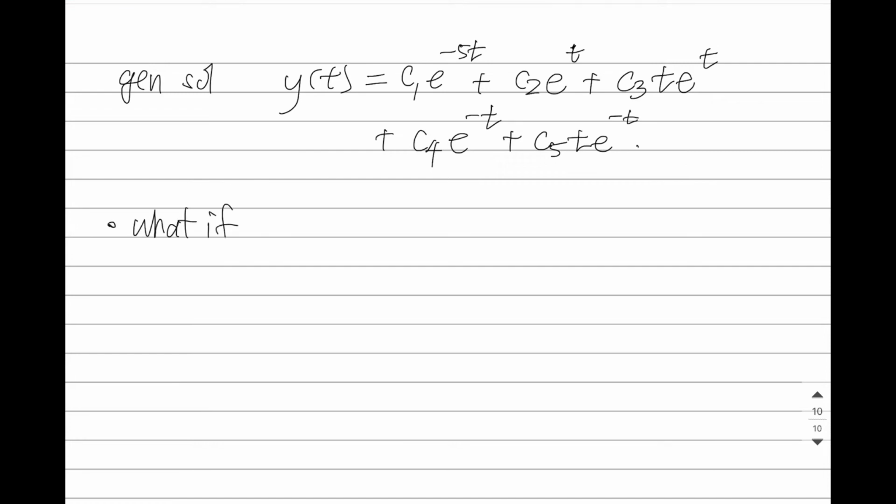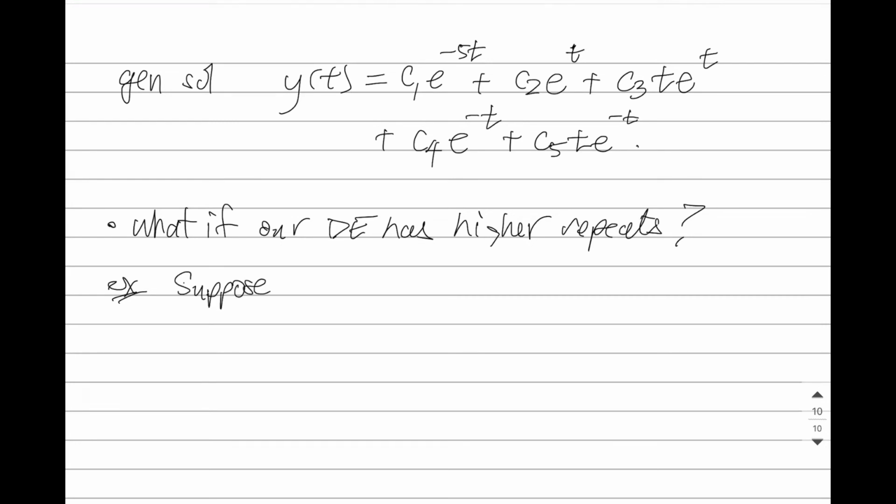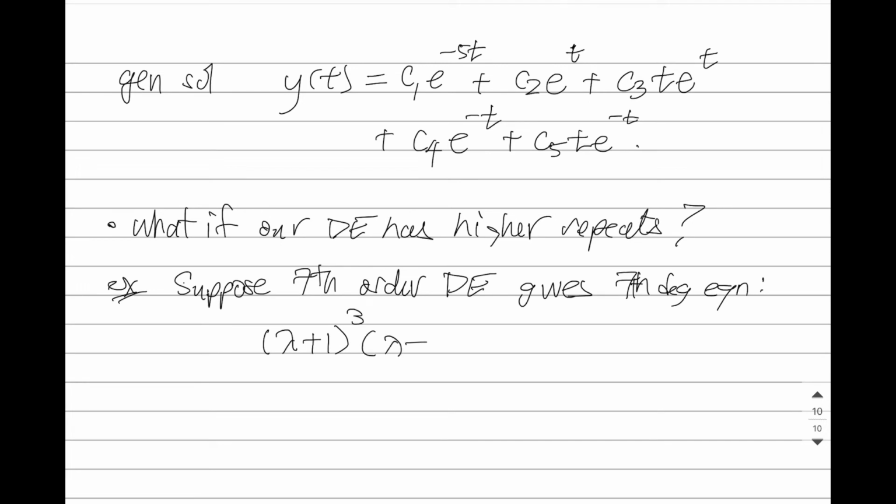Now, what if our DE has higher repeats? So let's suppose a 7th order DE gives the 7th degree equation like this. Let's say we're very lucky and it goes lambda plus 1 cubed and lambda minus 3 to the power of 4 is 0.